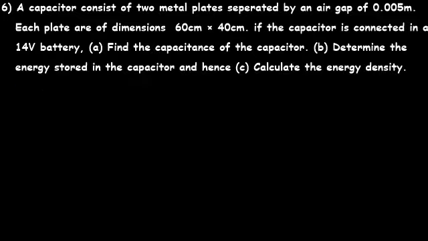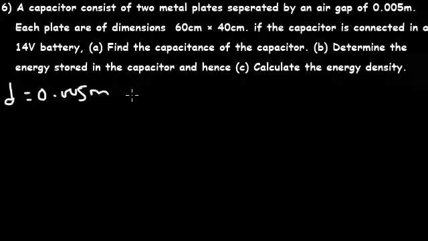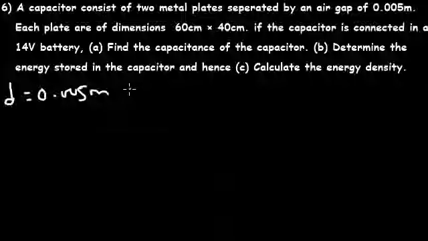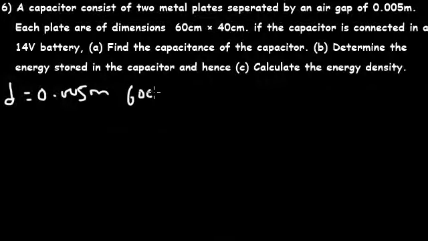As we have been doing, let's write out what we know. So we have the separation distance D to be 0.005 meter. Good news, we now have the first problem that gives us the separation distance in the appropriate units. Now, we are given the dimension of this plate as 60 centimeter by 40 centimeter.